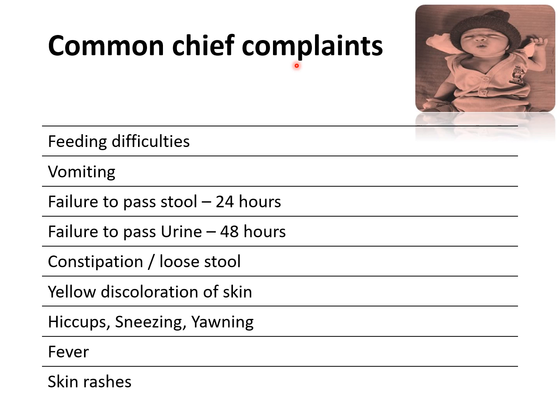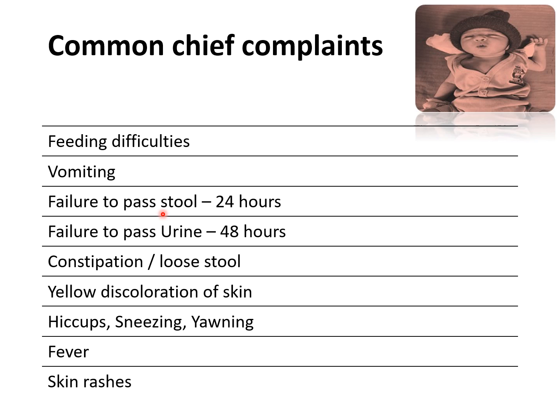Common chief complaints in neonatal history are feeding difficulties and vomiting, where we have to differentiate vomiting and regurgitation. Failure to pass stool: we should know that normally a baby passes stool in 24 hours. Parents are not aware of this, so they generally come with this complaint also.